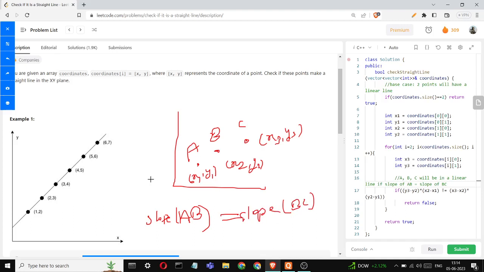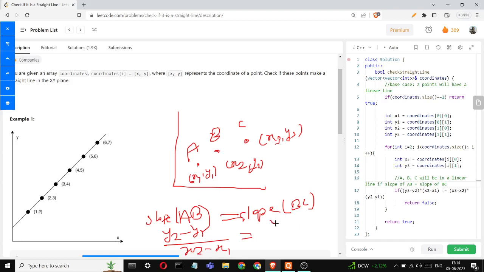Okay, so what is the formula for slope? For AB, A is x1 y1 and B is x2 y2. So the formula is y2 minus y1 upon x2 minus x1. Then for BC, B is x2 y2 and C is x3 y3.